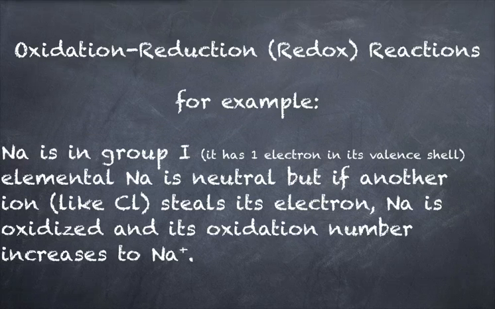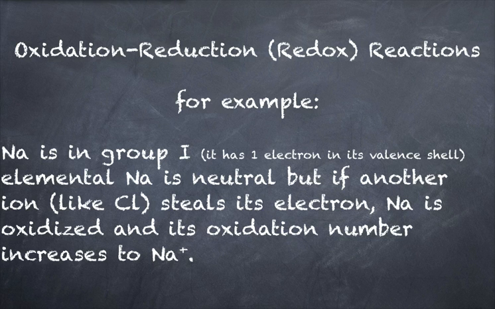Let's look at an example of this. Sodium is in group 1. It's got one electron in its valence shell. On the periodic table, the element sodium is not positive or negative. It's neutral. It's got as many protons as it does electrons. But since it's in group 1, it has one electron in its outer shell.